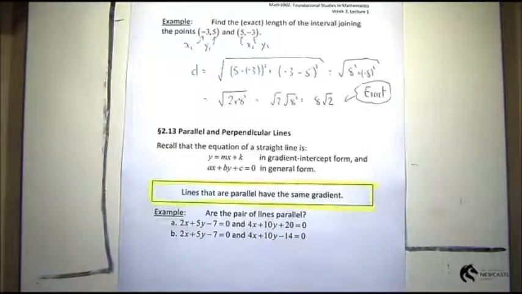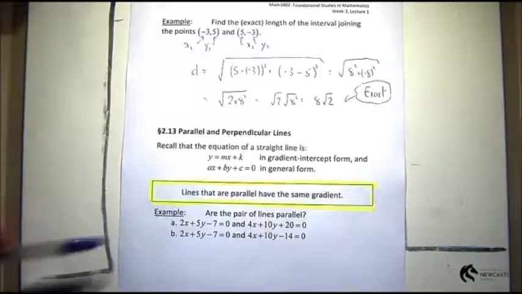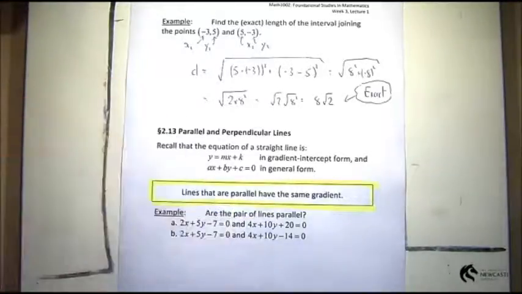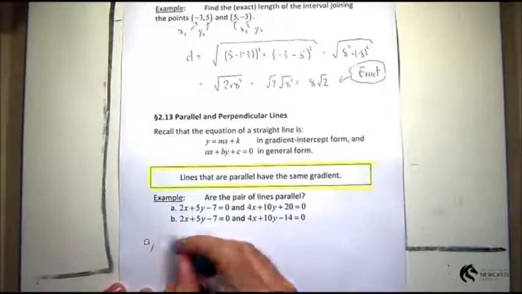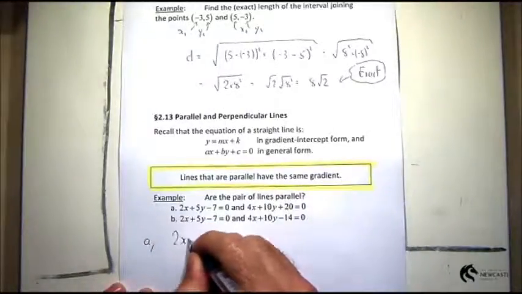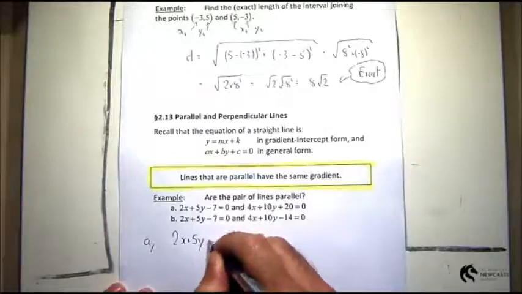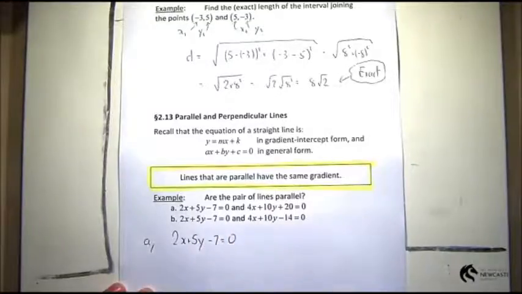So for example, the question says 2x plus 5y minus 7 and 4x plus 10y plus 20. Are those lines parallel? Well, really all I have to do is write them in gradient intercept form and see if they've got the same gradient. So let's do that. So here for part A, I can say the first line is 2x plus 5y minus 7 is equal to 0.